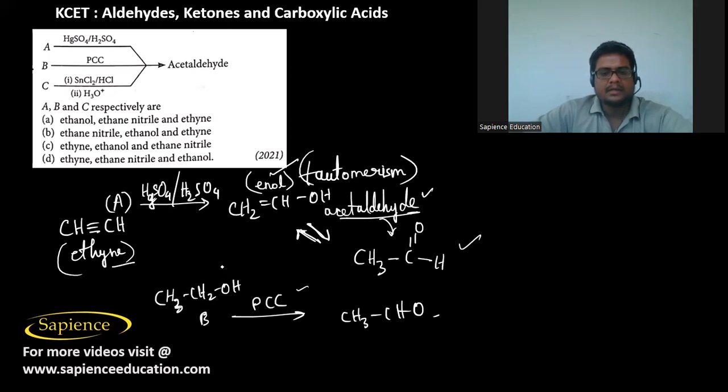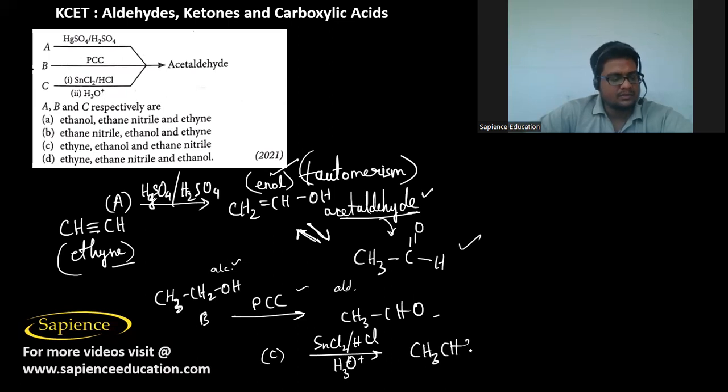It means primary alcohols will be oxidized into aldehydes. And the compound C is converted by SnCl2 and HCl in the presence of an acidic solution H3O+ to form acetaldehyde CH3CHO.